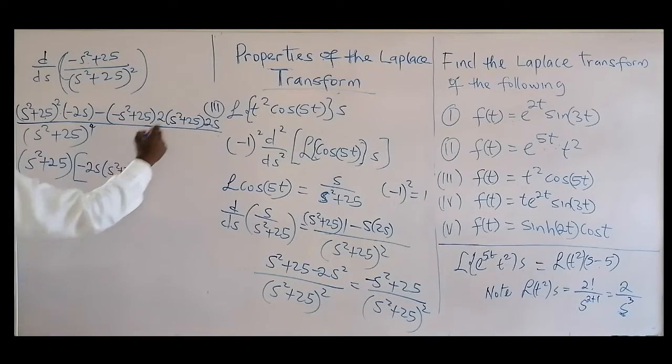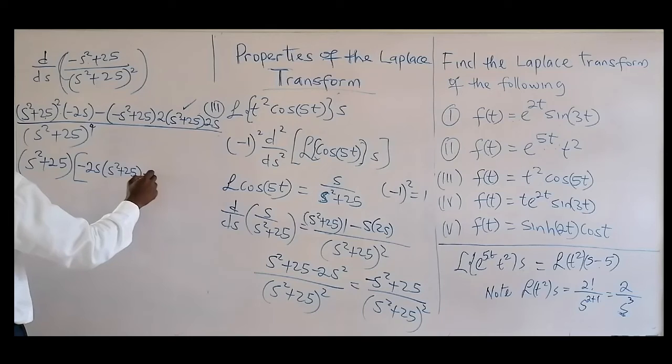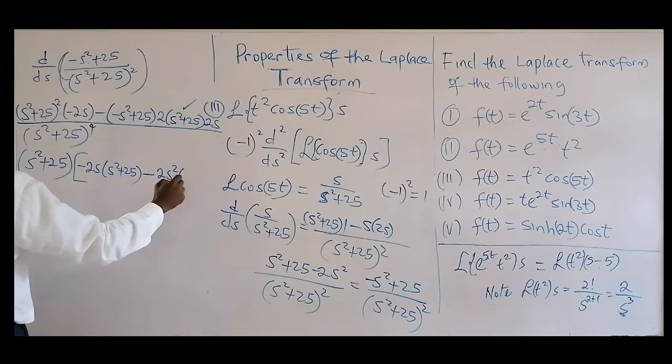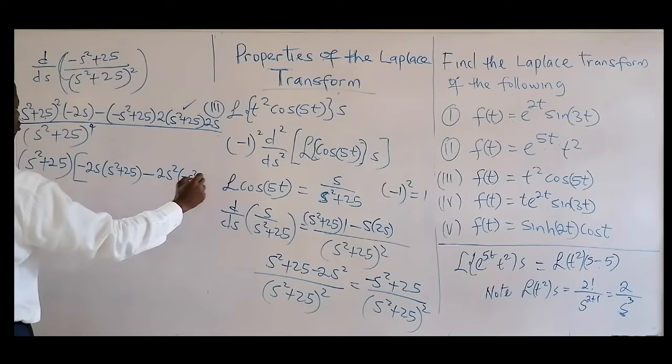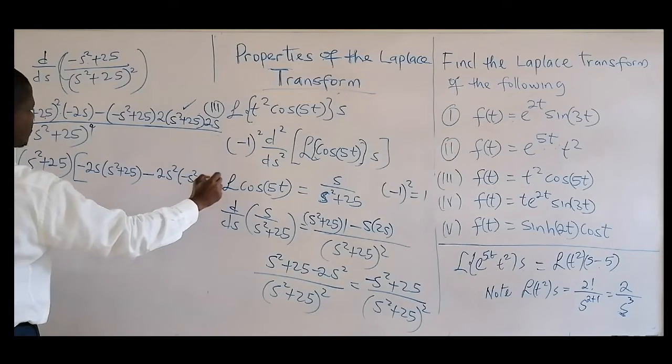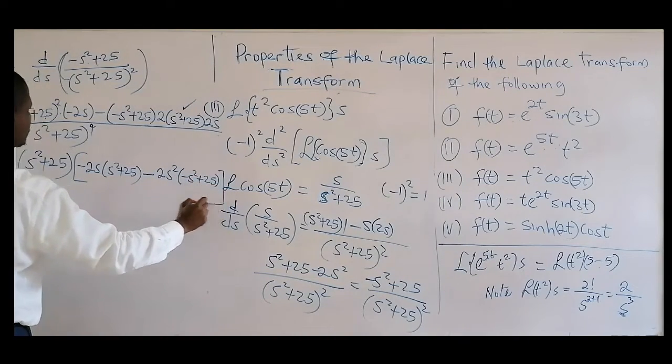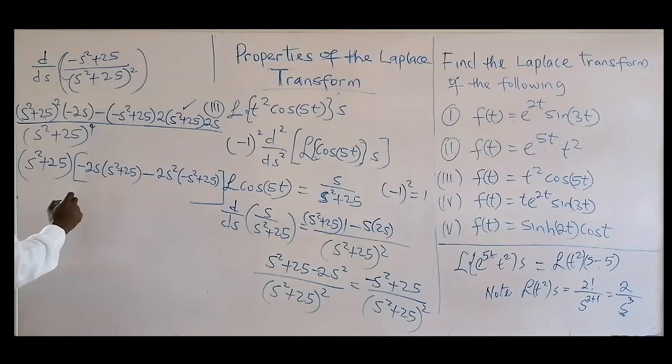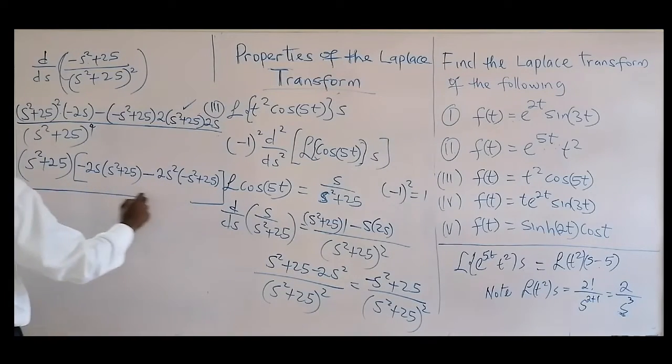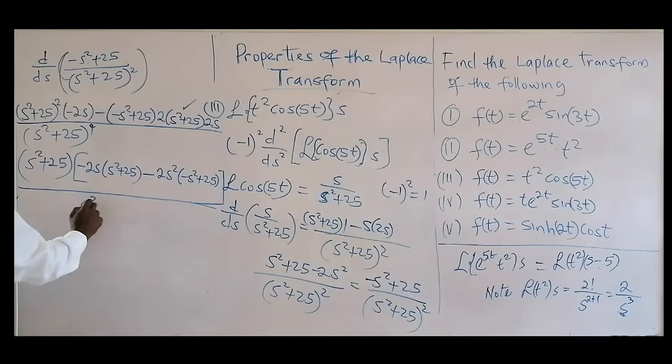And then here, this one has already gone outside, and that will be equal to minus 2s into brackets (s squared plus 25), all over (s squared plus 25) power 4.